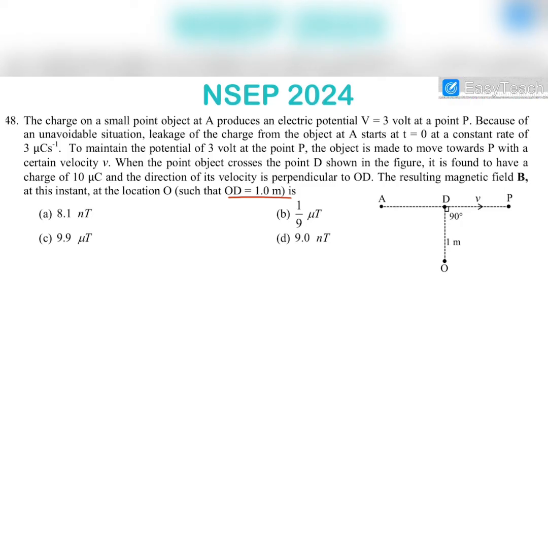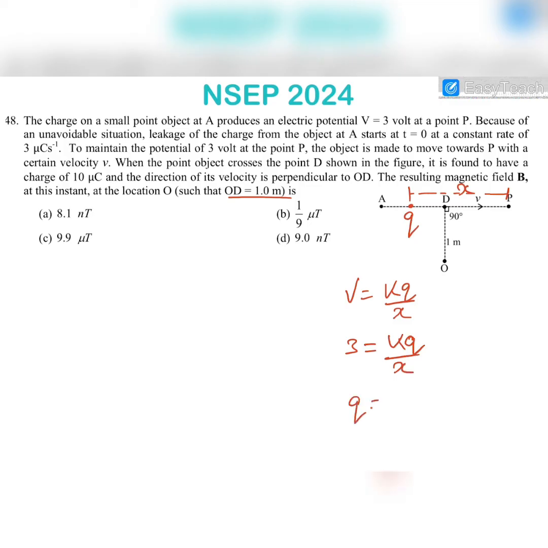So first of all, we can see that if this charge is Q at any time and this distance is X, then the potential will be V equal to KQ by X, and V is 3. So KQ by X is 3.